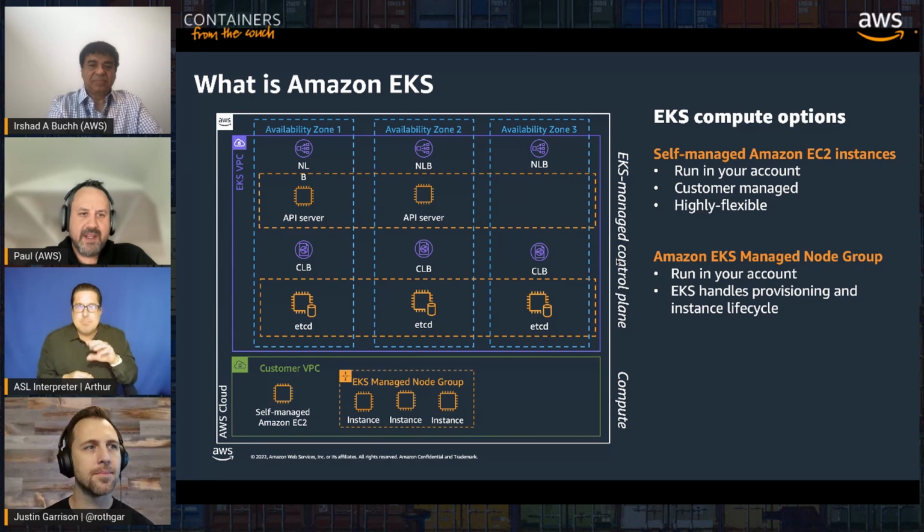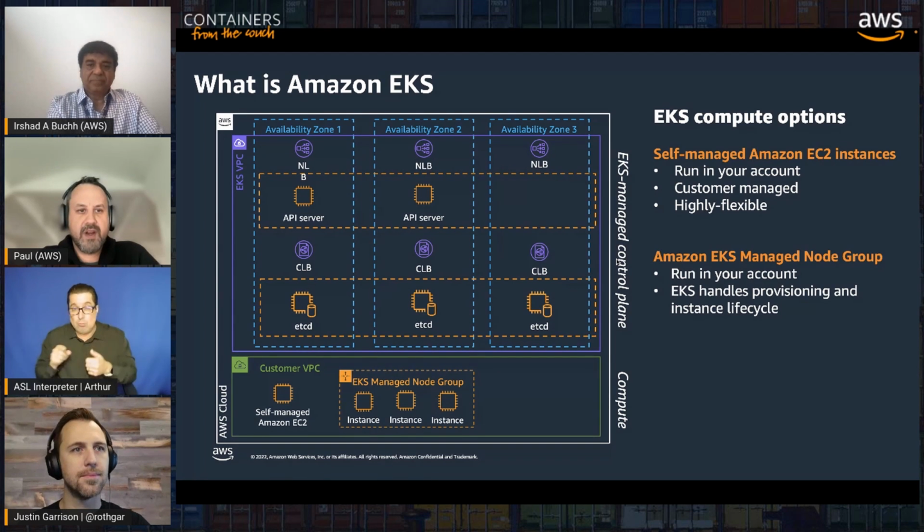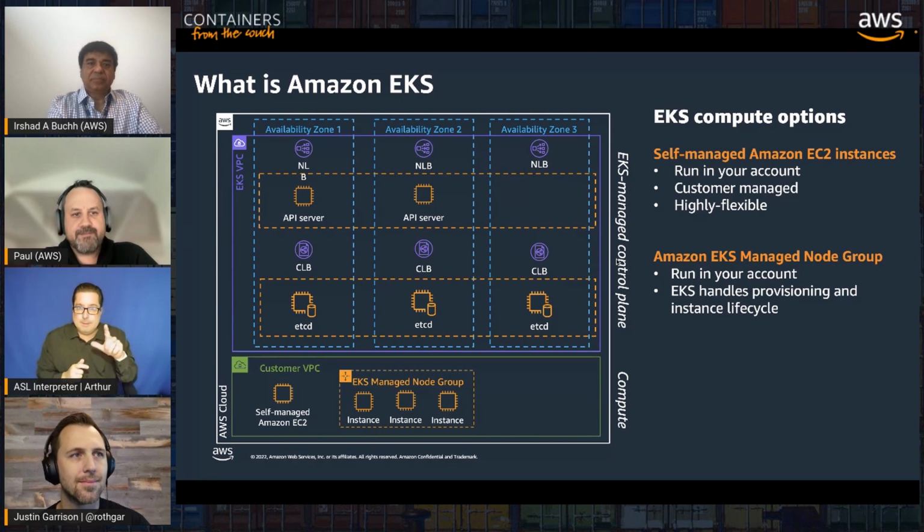So this is where you have the complete flexibility to choose whether I want to run with GPUs, whether I want to run workloads with our HPC offerings with our Elastic Fabric Adapter. So there's just a ton of flexibility here. And there's no forks. This is straight Kubernetes that we're running. So again, it's fully managed. And then you also have benefits where you can use EKS managed node groups, where if you want to even offload some of the lifecycle management for your workers, we do that also with EKS today. So lots of flexibility, lots of huge scale. So next slide, please.